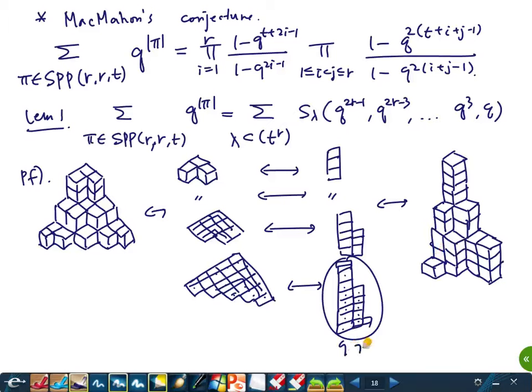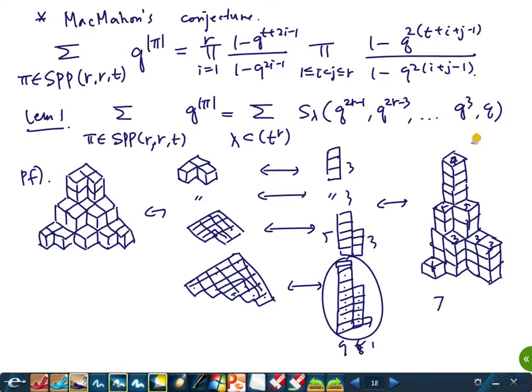So 9, 7, 1, 9, 9, 5, 1, 9, 5, 1. This is 5, 3, 5, 3. This is 3 and 3, 3 and 3. We make a plane partition here. But you can see, all right. So if you rewrite this, 7.